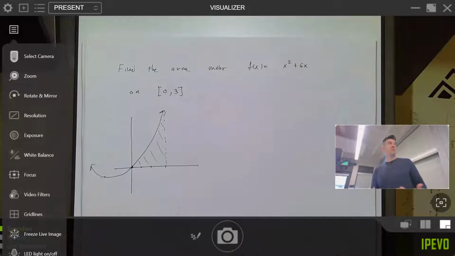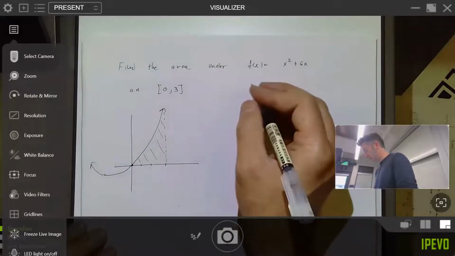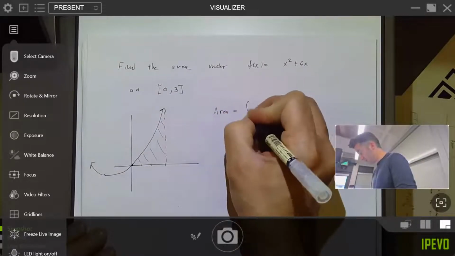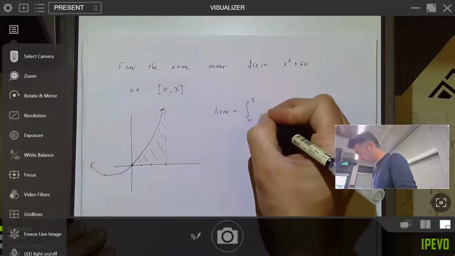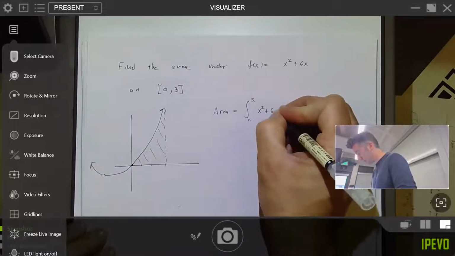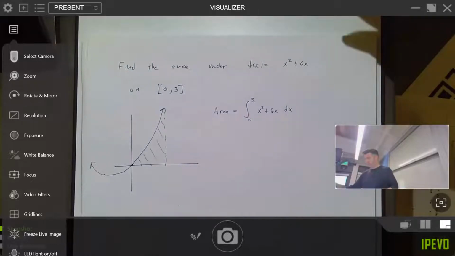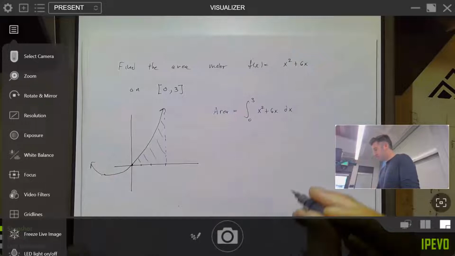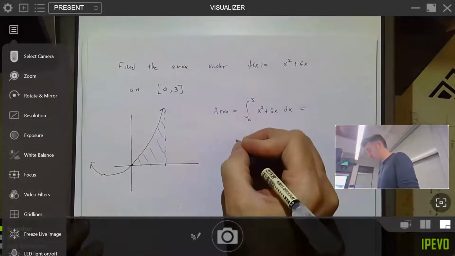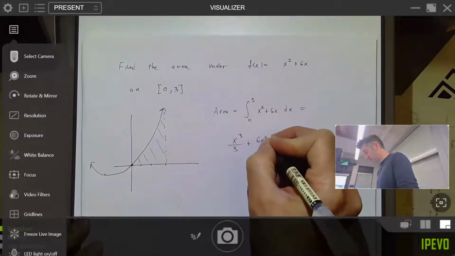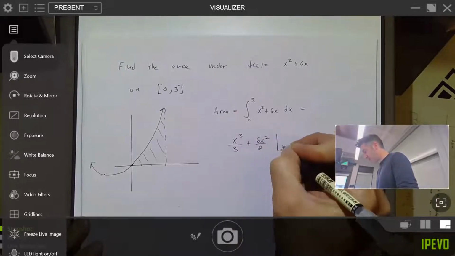The calculation after some practice becomes very straightforward. If I want to find the area under this curve, I'm calculating the integral from 0 to 3 of x squared plus 6x dx. So we anti-differentiate, we get x cubed over 3 plus 6x squared over 2 from 0 to 3.